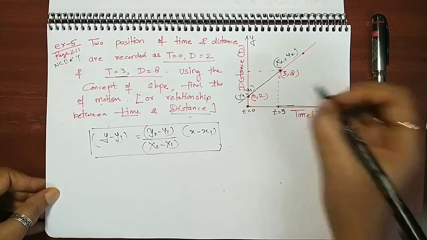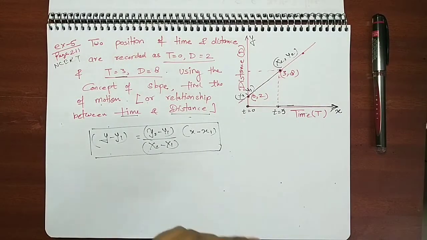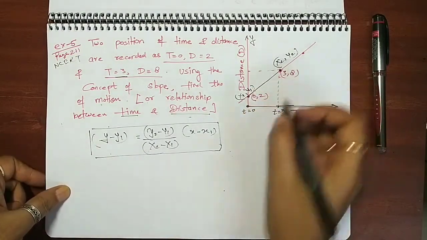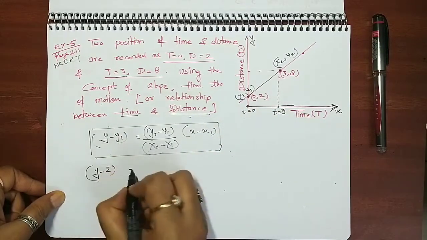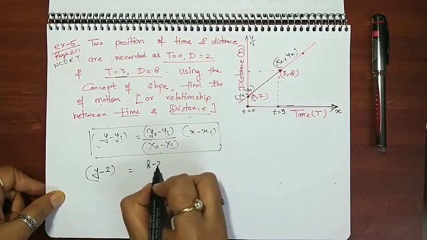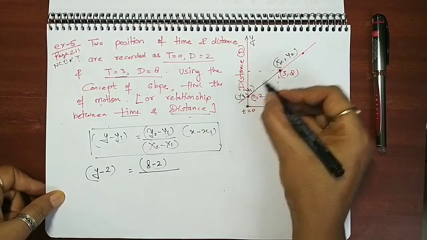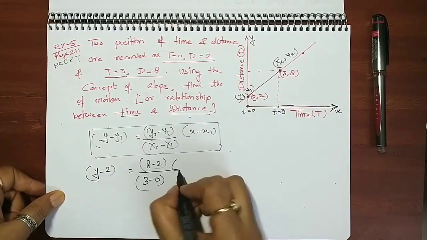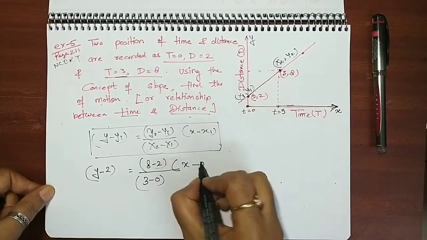Okay, now we will fit the values in this equation, x1, y1 and x2, y2. So y minus y1 is 2, y2 minus y1 is 8 minus 2, x2 minus x1, where x2 is 3 and x1 is 0, so 3 minus 0, and x minus x1 is x minus 0.